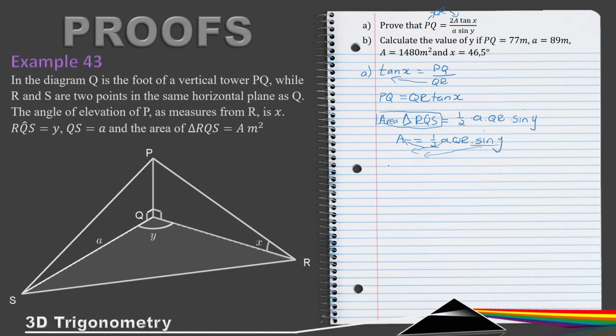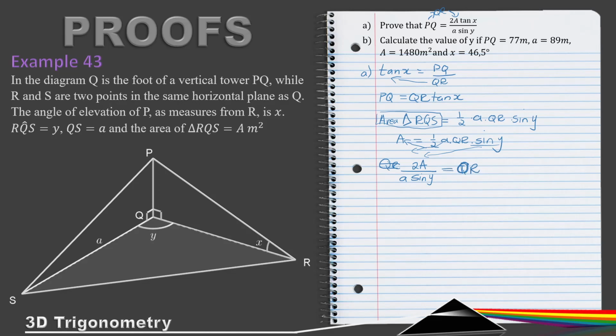We end up with QR equal to, actually let me not confuse you by turning that around. Let's just first do it as it is. If we take the 2A, 2 goes up, and then A comes down, and sine Y comes down, and that's then equal to QR.